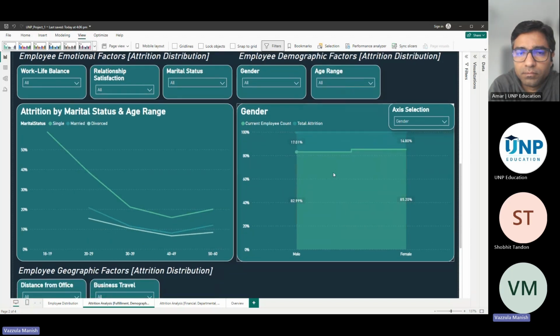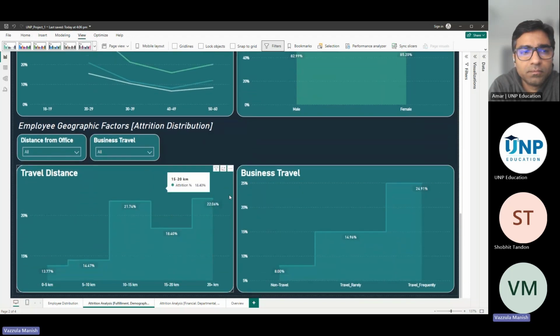Again, I have also distributed them based on geographical factors. Since we do not have any map data present within this data set, we have only been provided data with regards to how much distance the person is from the office or from the home.